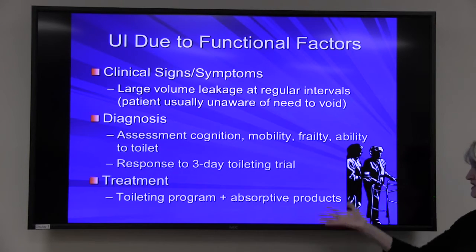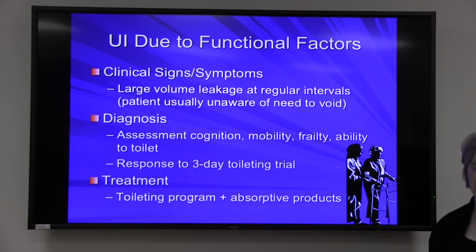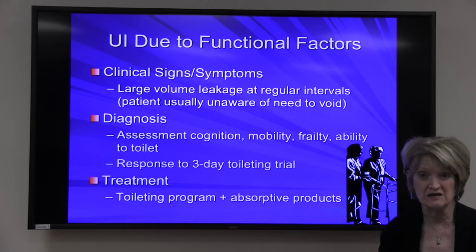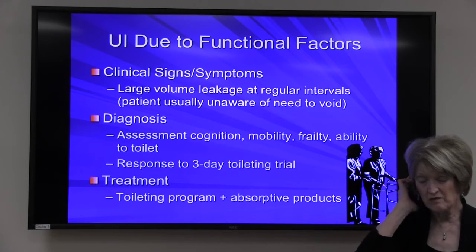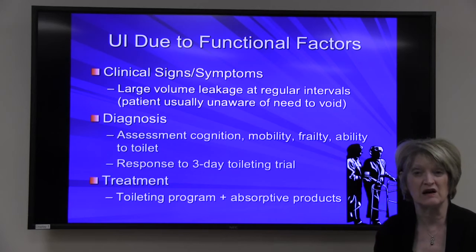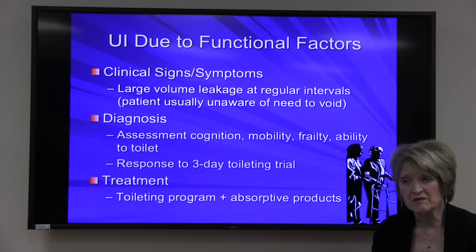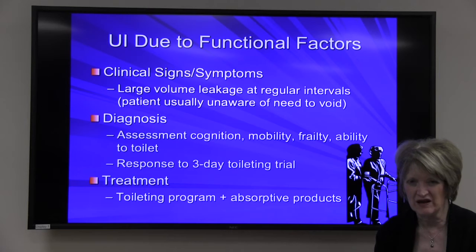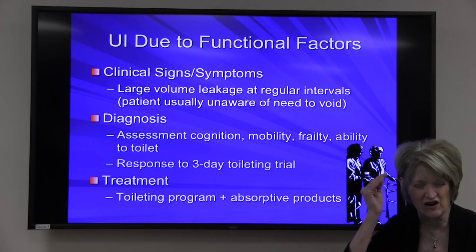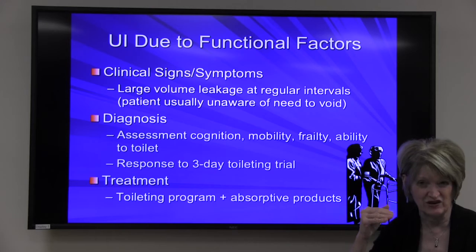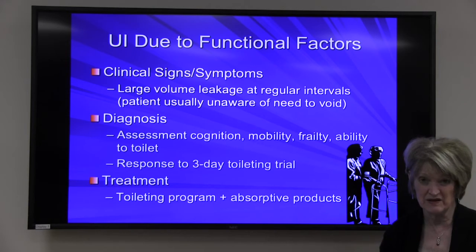So looking at clinical signs and symptoms, we've already talked about it. It's a patient who's incontinent at regular intervals. Most of the time, the patient seems unaware. Sometimes they'll be a little bit agitated before an incontinent episode. It's almost like they know something's going on, but they can't figure out what. But most of the time, they seem unaware.